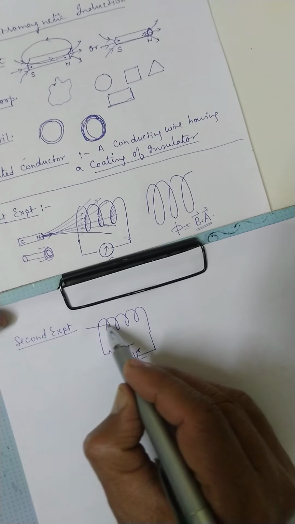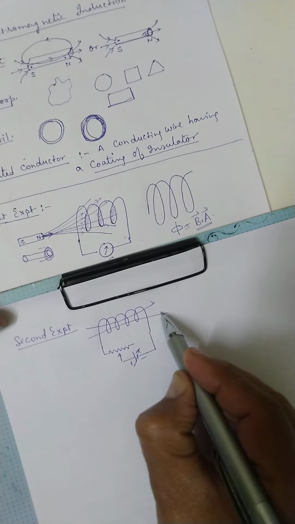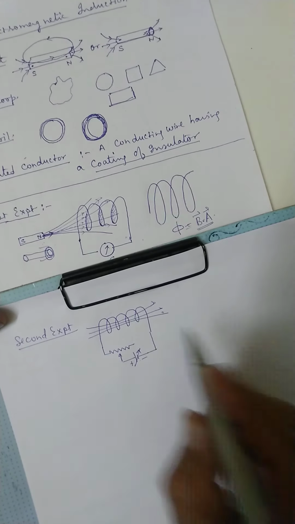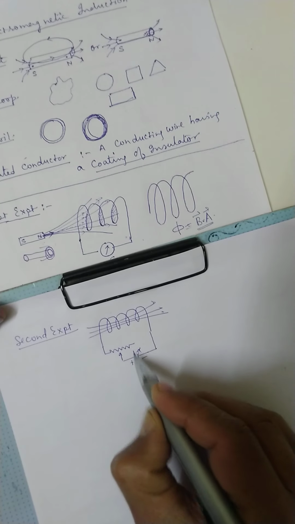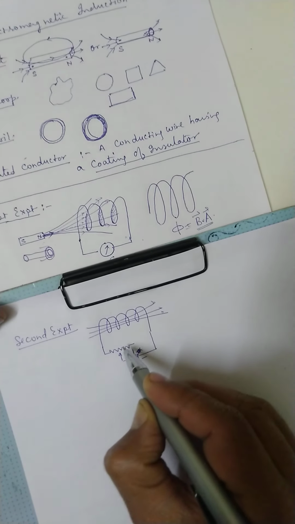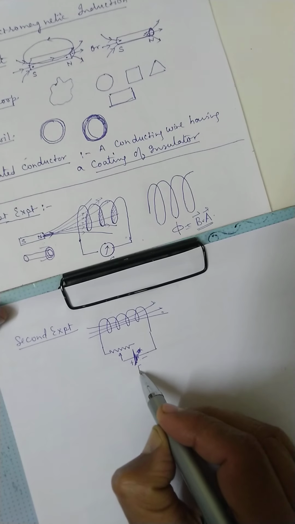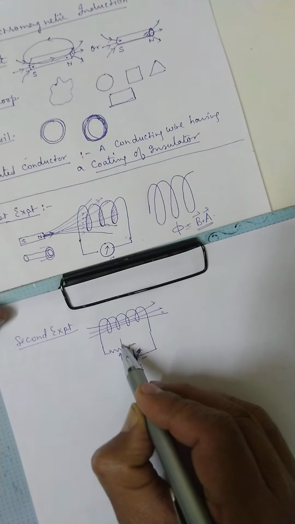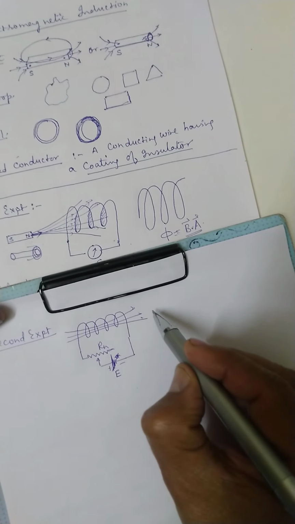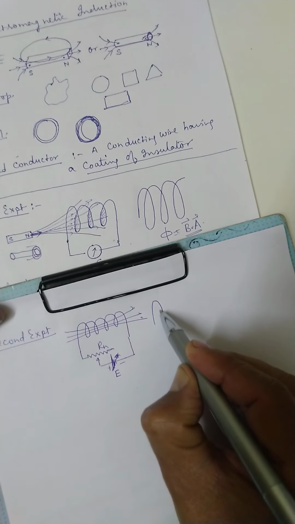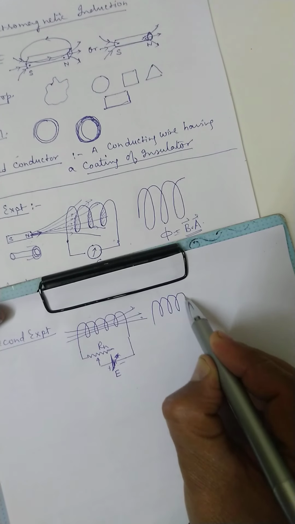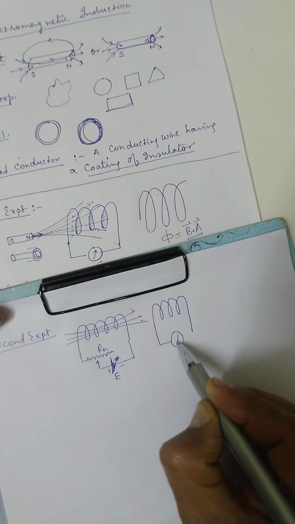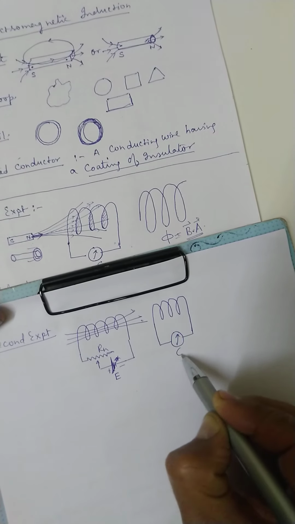So the magnetic field produced by this coil will change if I can change the current. I am not showing this variation here. I would like to tell you that this potential difference E is constant, and I am changing the current using this rheostat RH. Now there is another circuit or coil placed nearby this first coil, connected with the ends of a galvanometer.